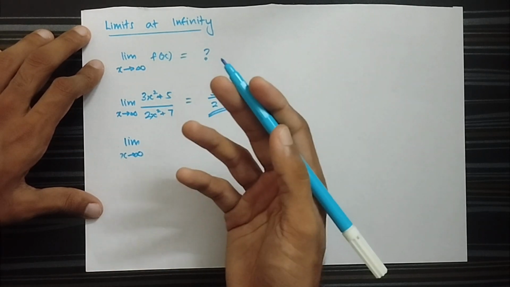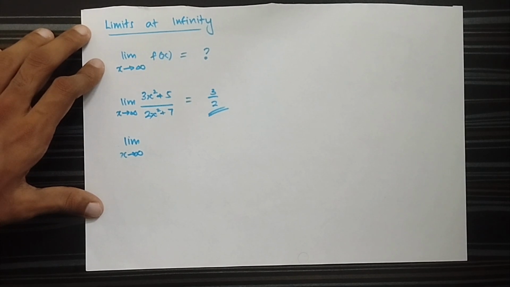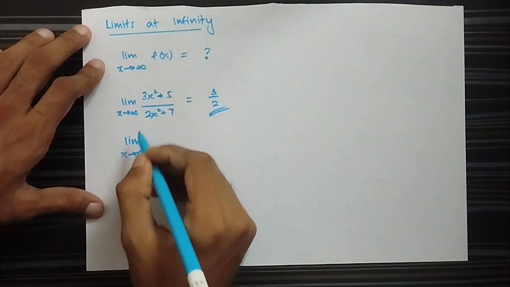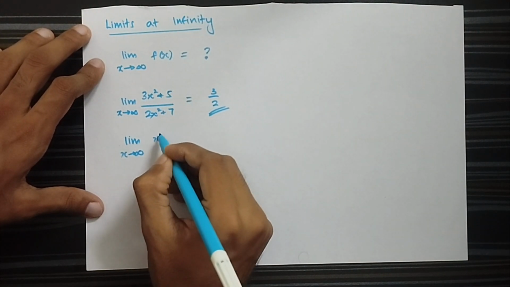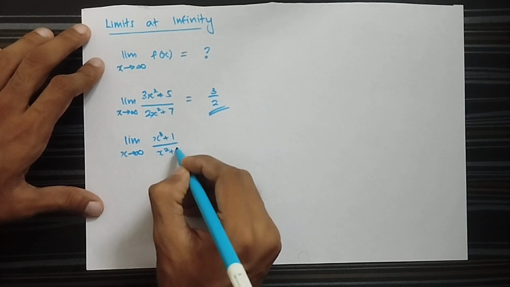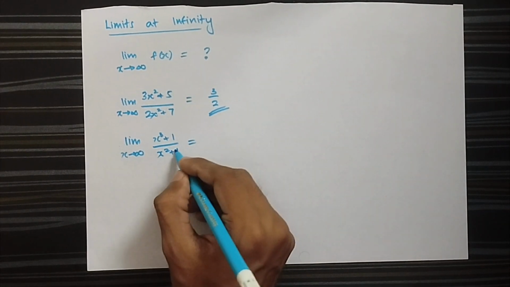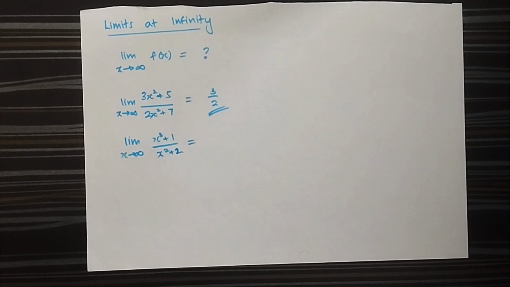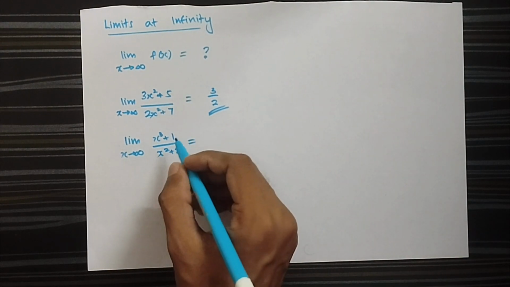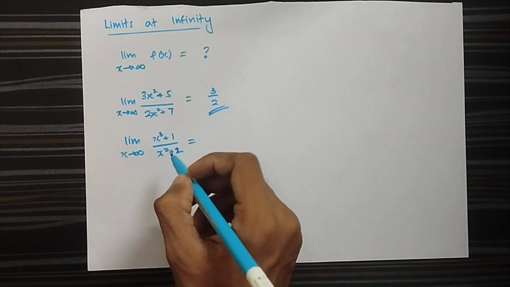suppose the degree of the numerator is greater than that of the denominator. Here, 3 is the degree of the numerator because it's x cube plus 1. In the denominator, 2 is the degree of the polynomial.